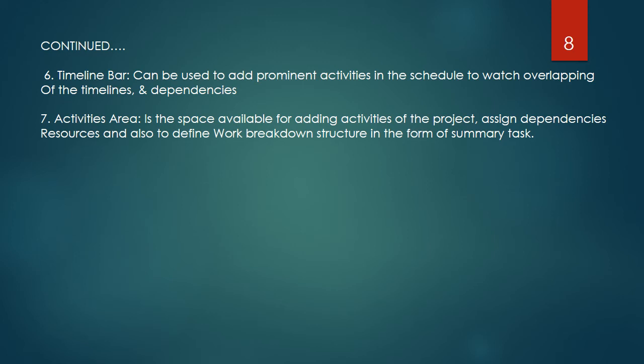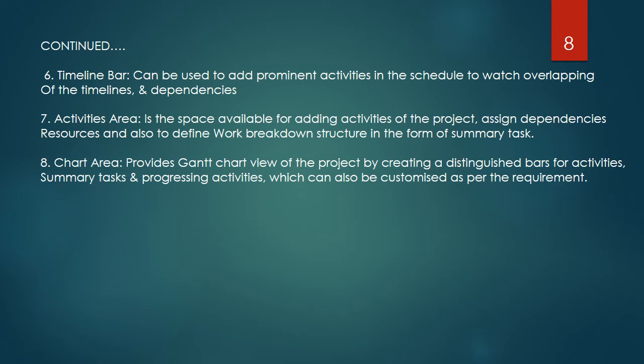Activities area is the space available for adding activities of the project, assign dependencies, resources, and also to define work breakdown structure in the form of summary task. Chart area provides Gantt chart view of the project by creating a distinguished bar for activities, summary tasks, and progressing activities, which can also be customized as per the requirement of a project manager.